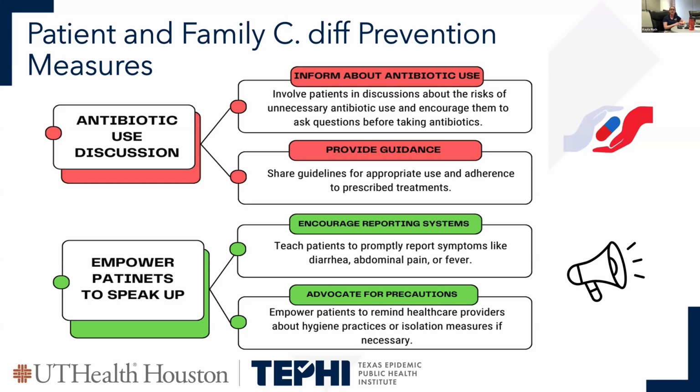And tell our patients that hand hygiene is everyone's business. Remind staff members and family members about isolation practices and donning and doffing, and let them know it's okay to ask and to remind staff to do things if they see that they're not being compliant.